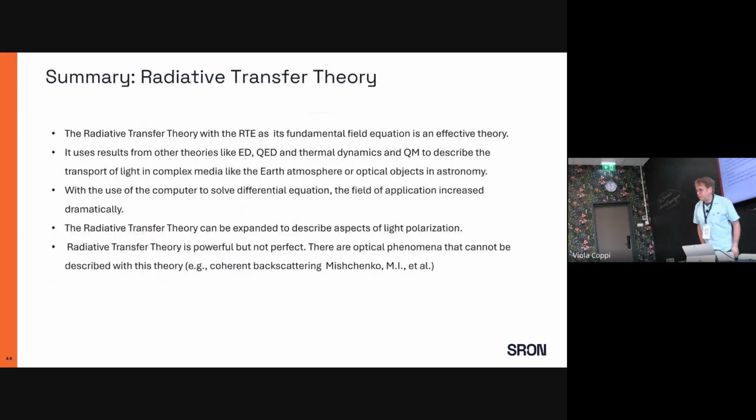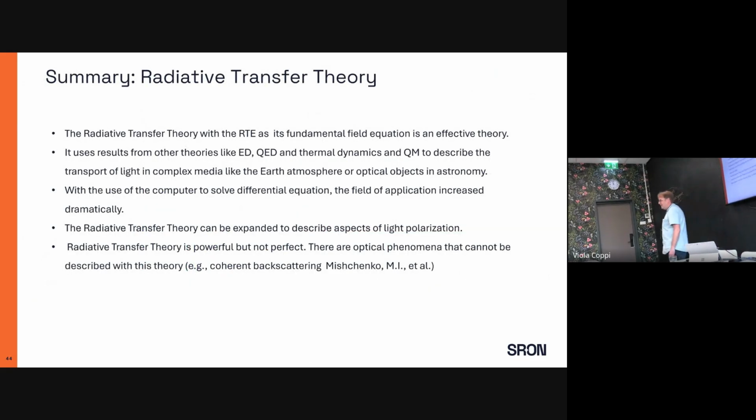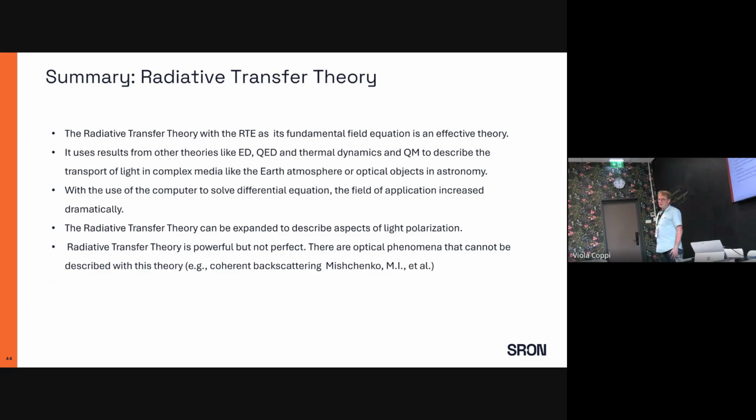And with that, I'm at the end of this short lecture. You could spend your whole life on radiative transfer. It's a fantastic theory because it combines different aspects: thermodynamics, electrodynamics, quantum mechanics, and then the solution and working with computers. I really love it.